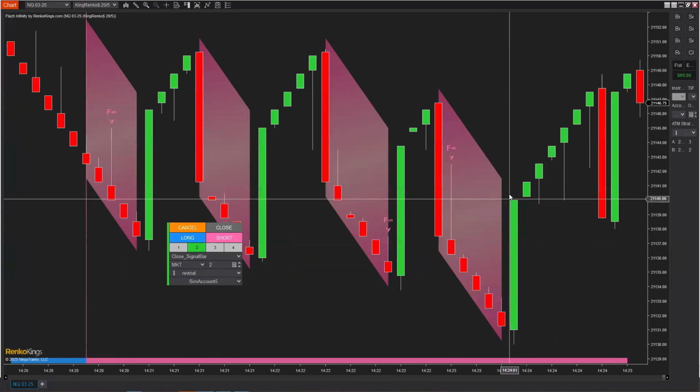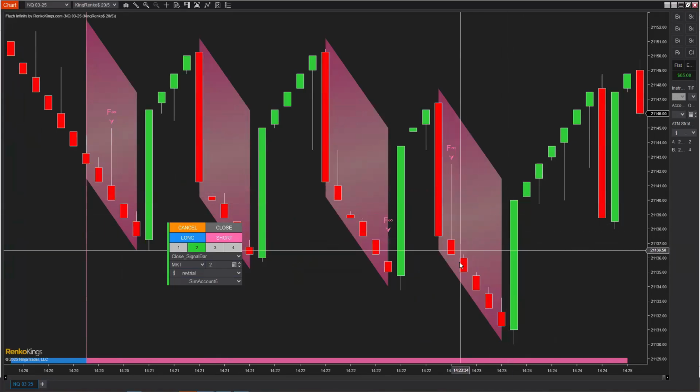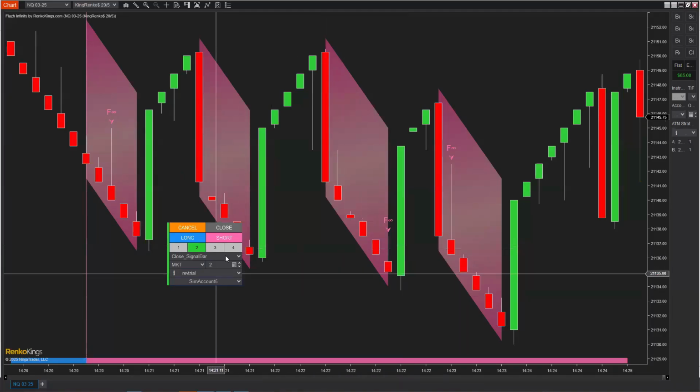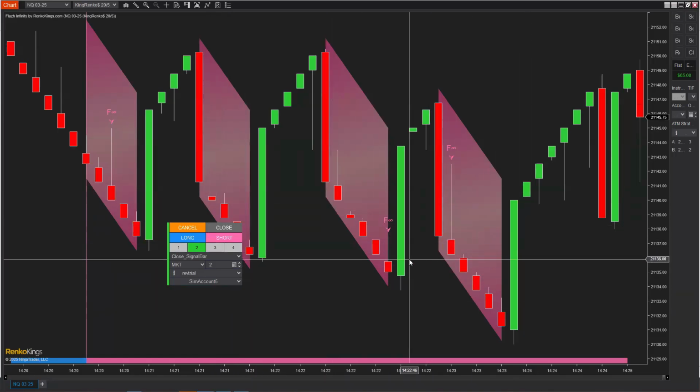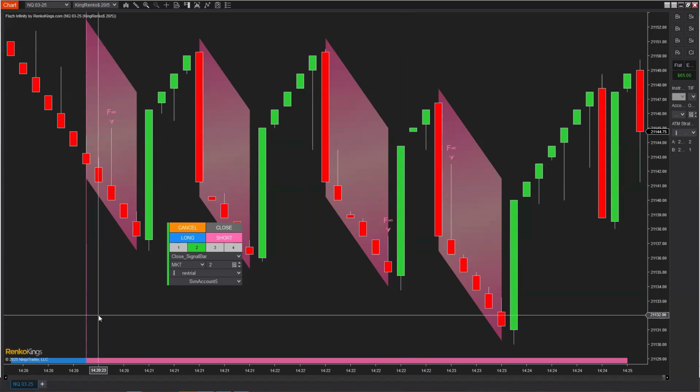Like if this bar closed up, I'm out of my short. They have a tool like that. I forget the name of it, but there is a tool like that that ninZaRenko sells, that you would just set it on getting out of a short position with the bar closing up, or getting out of a long position with the bar closing down. But it's not this one, I don't think, right? There's no such option here. Unless I'm mistaken, but I don't see it here.